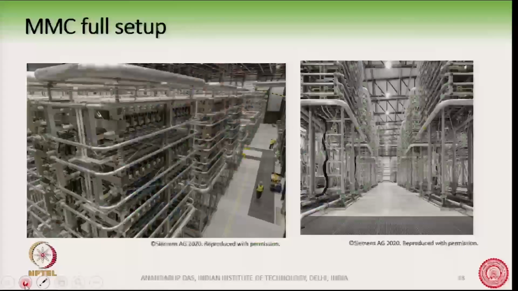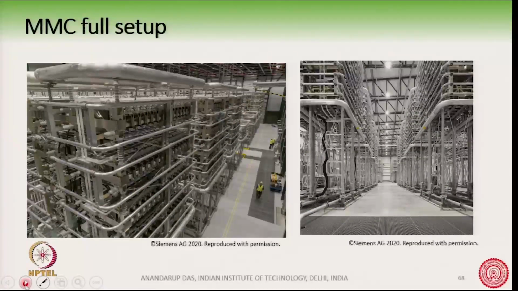I have shown two pictures here. If you see on the left hand side, usually these cells are connected together to form a kind of stack. So, you see here this is one stack. This may be one arm or part of an arm of the converter.